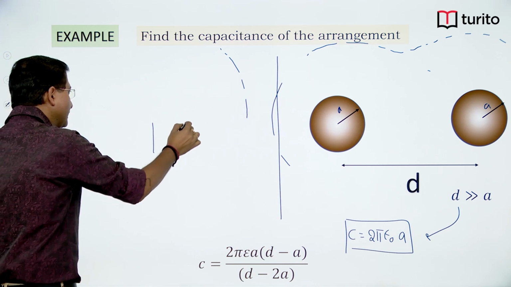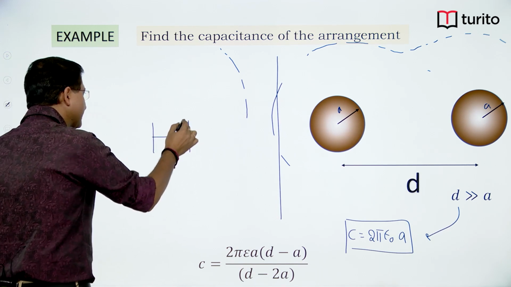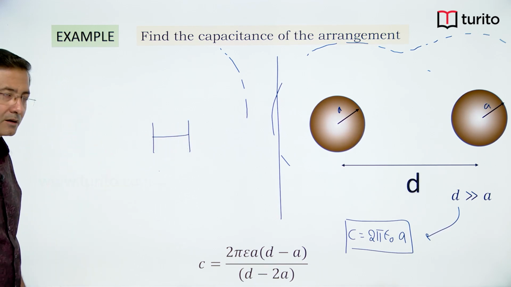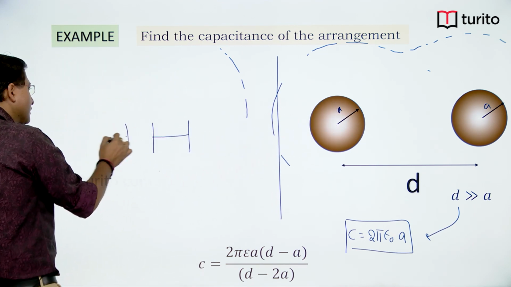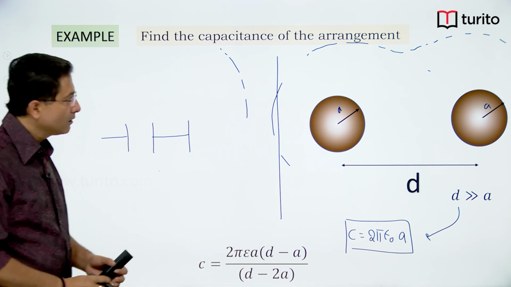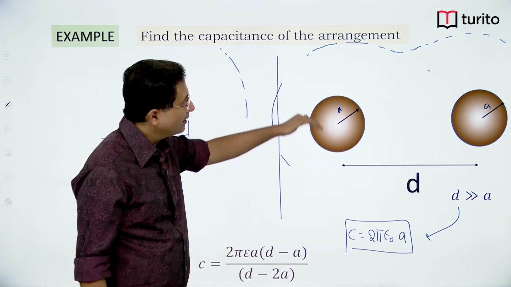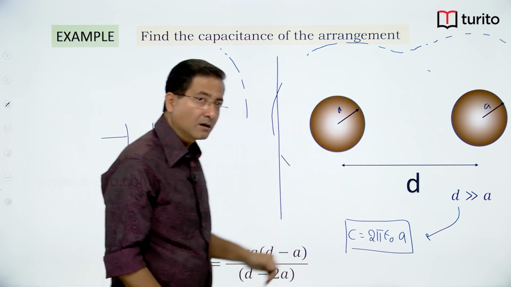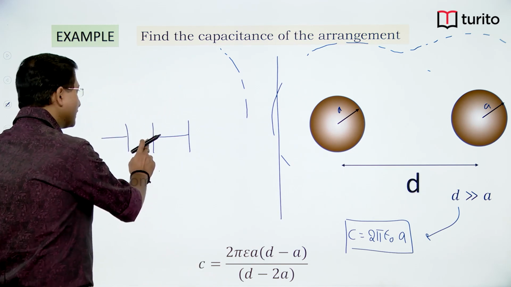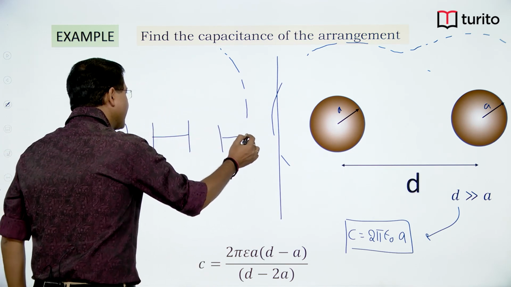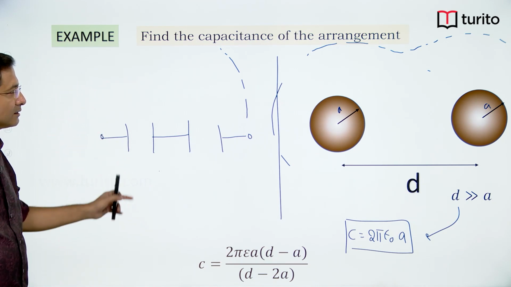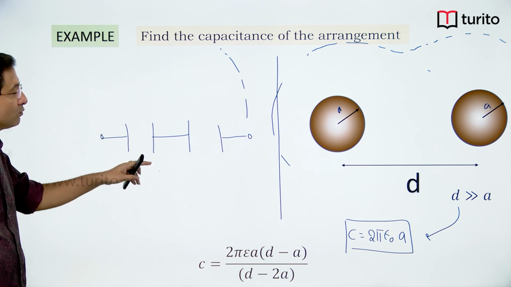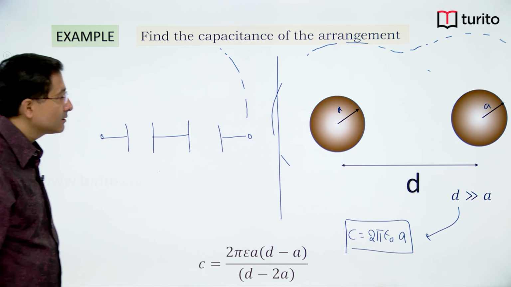I can draw two plates which are connected and they are representing infinity, and this is one capacitor and this is another capacitor. So, their one plates are connected and the other are open. So, you can see we are getting two capacitors in series.